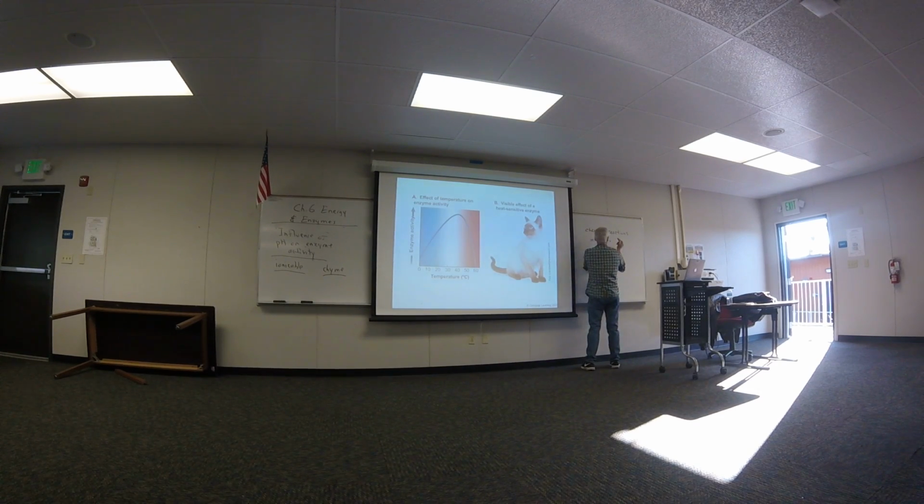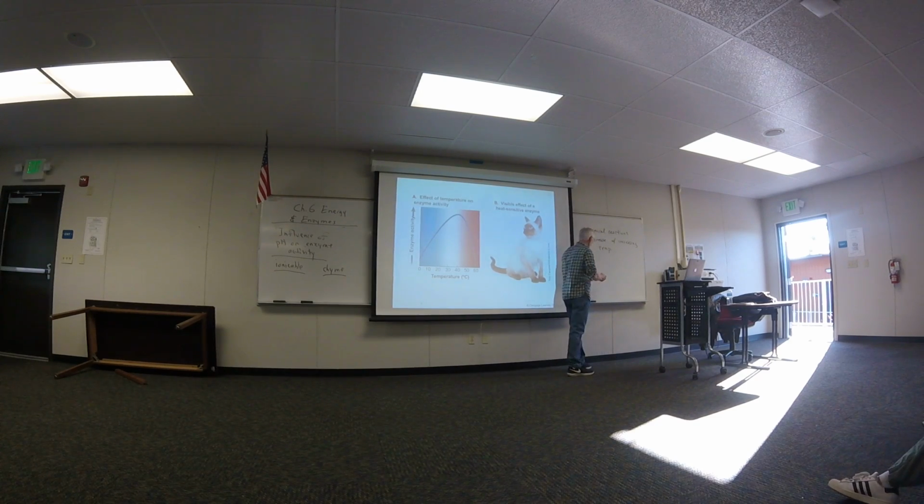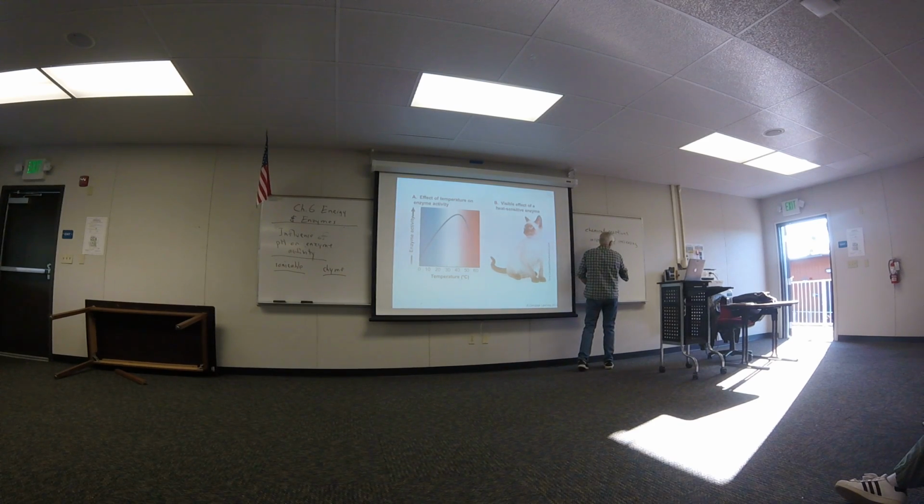You all know that. And for most enzyme catalyzed reactions in the body, from 0 to 40 degrees Celsius, within this range, the rate of reaction doubles with every 10 degree C increase.